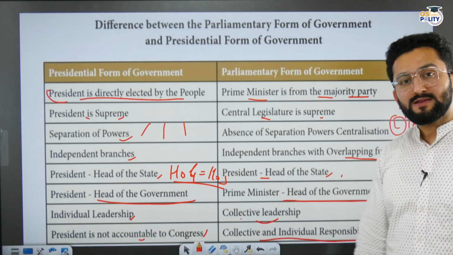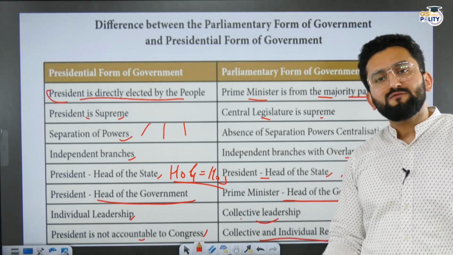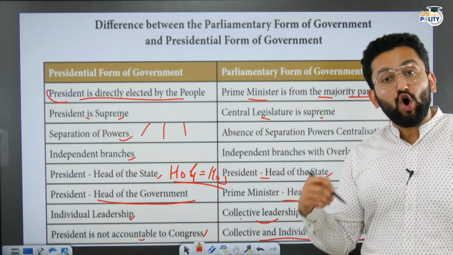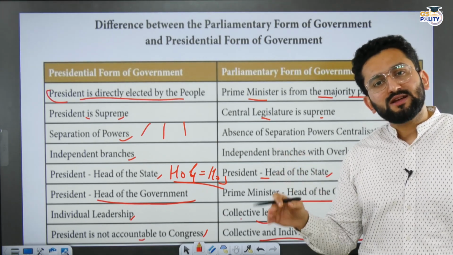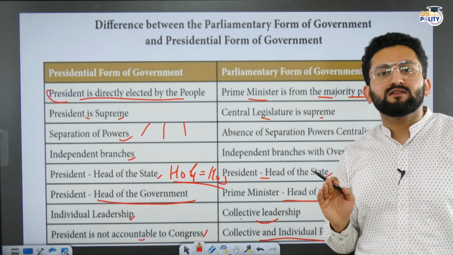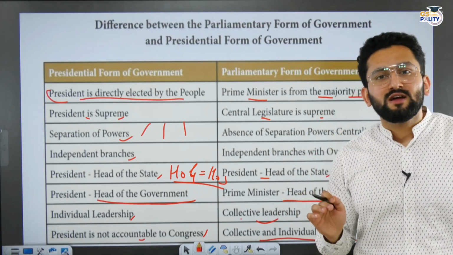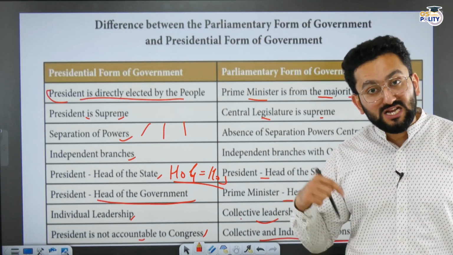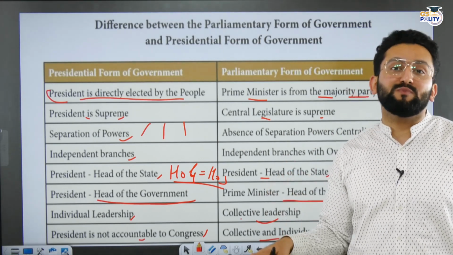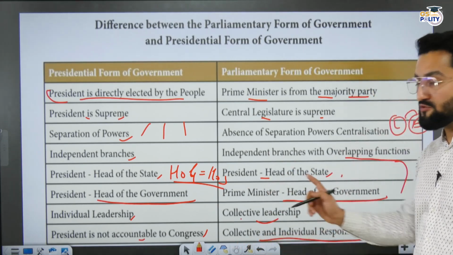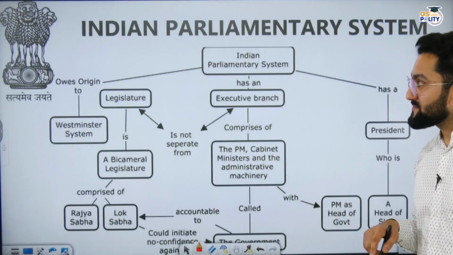Individual responsibility means that ministers have to countersign the order, as all the orders are actually released in the name of executive head of the state. Head of the state is president, but you have to countersign. You are responsible for the actions done by your ministry, by your departments. Okay, and you have to be answerable to the house for them.